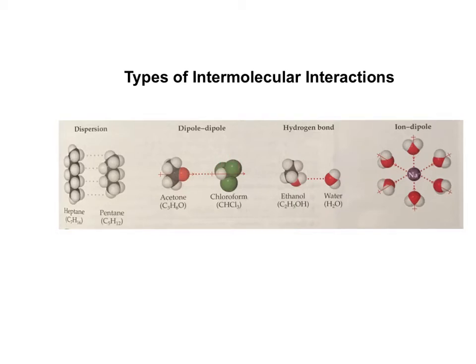There's 3 CCl groups and then a hydrogen, so they're both going to be polar and they're interacting with each other. Here's ethanol and water interacting. You get the oxygen on the water interacting with the hydrogen on the ethanol because it's a carbon, oxygen, hydrogen structure. This one we didn't look into, but this is about dissolving solids, neutral solids in solvents, ion dipole.